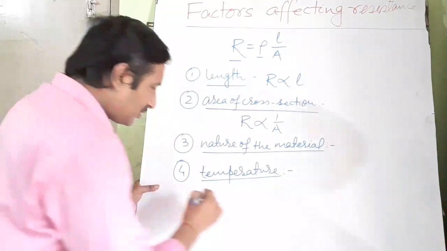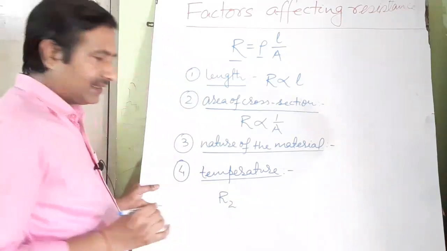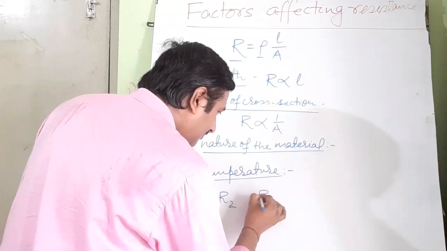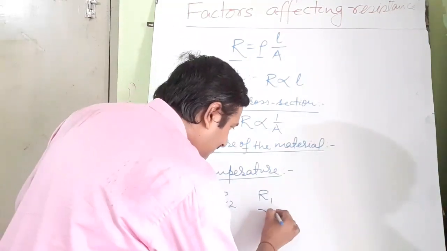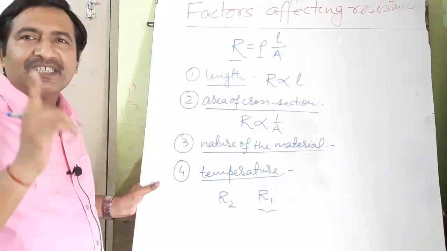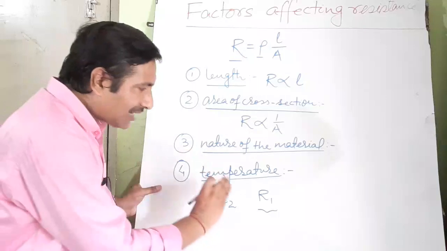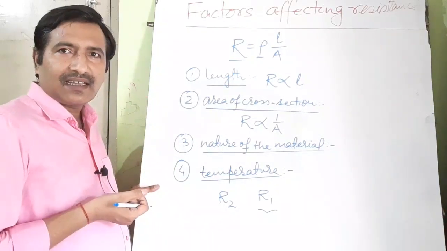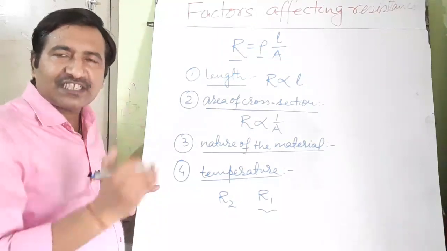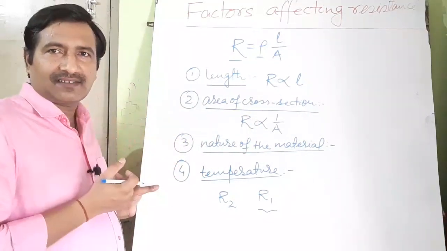Suppose this is R2 and this is R1. R1 is the resistance at temperature theta 1 degree Celsius. Now the temperature of the conductor is increased to theta 2 degree Celsius.